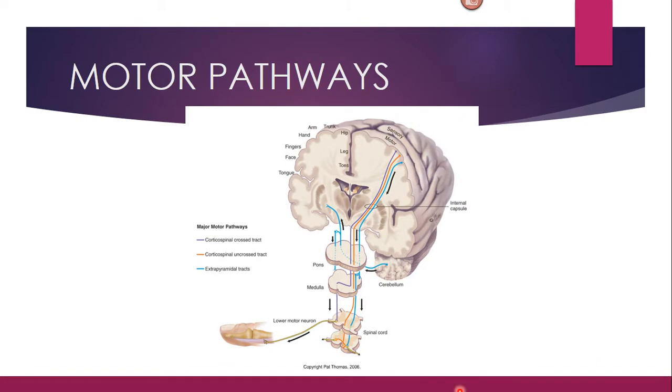And this is where these motor pathways are. So if we're looking at that patient's right finger, it's going to be this lower motor neuron that's going to go up the spinal cord and into different areas of the brain.